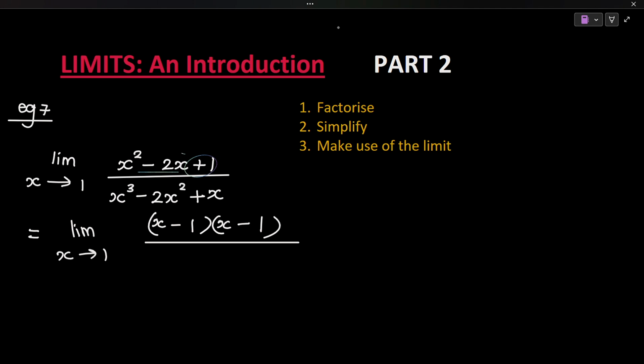Then, looking at our denominator, we have 3 terms, and there is x that is common between all 3 terms. So we're going to pull out x as a common factor. In our first term, we're left with x squared. In our second term, we're left with minus 2x, and in our third term, we have plus 1.